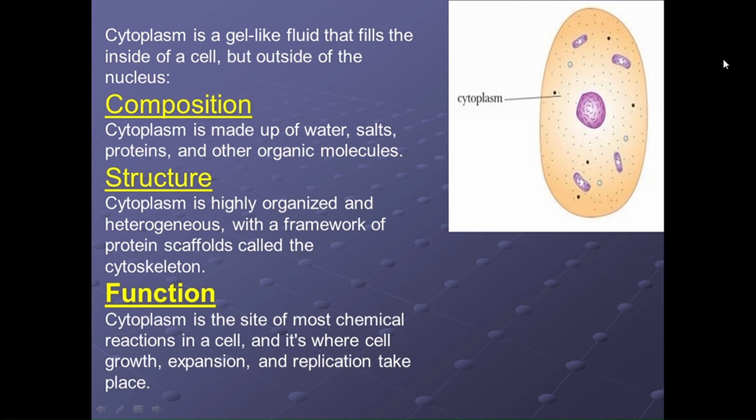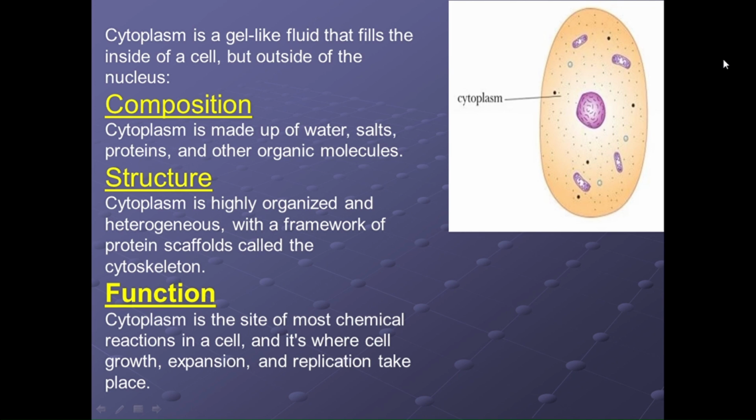Now next, cytoplasm. Cytoplasm is a gel-like fluid that fills the inside of the cell but outside of the nucleus. It means cytoplasm is the fluid between the plasma membrane and nucleus. It is a moving, sticky substance.